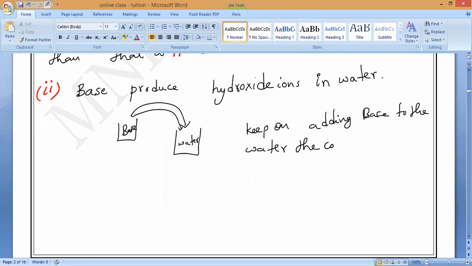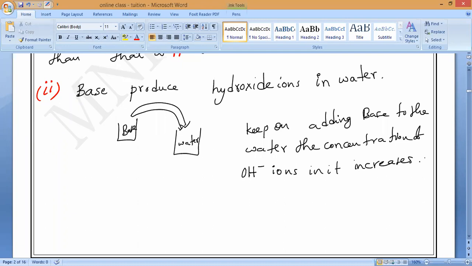The concentration will increase. It won't decrease. So the concentration of hydroxide ions increases. Please all of you should remember.